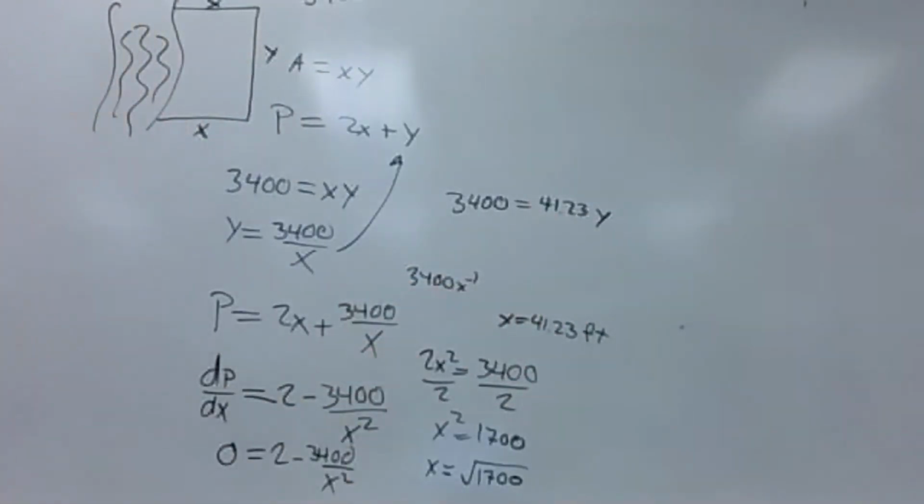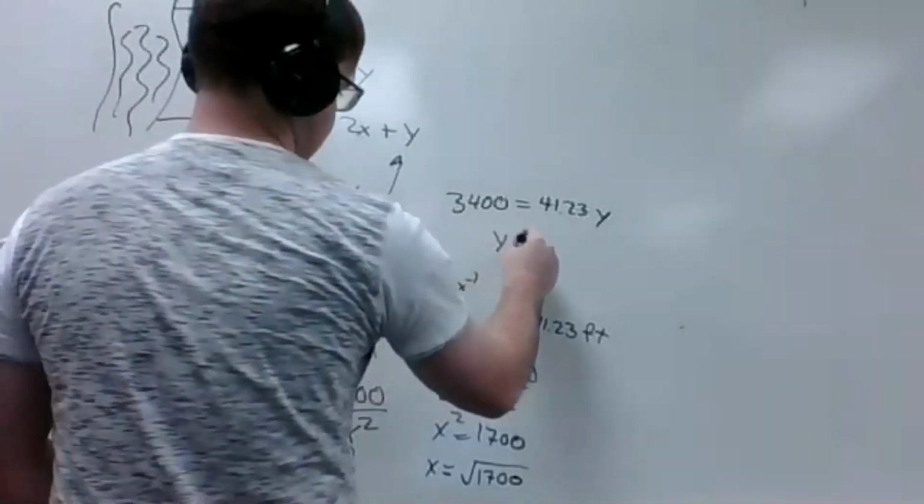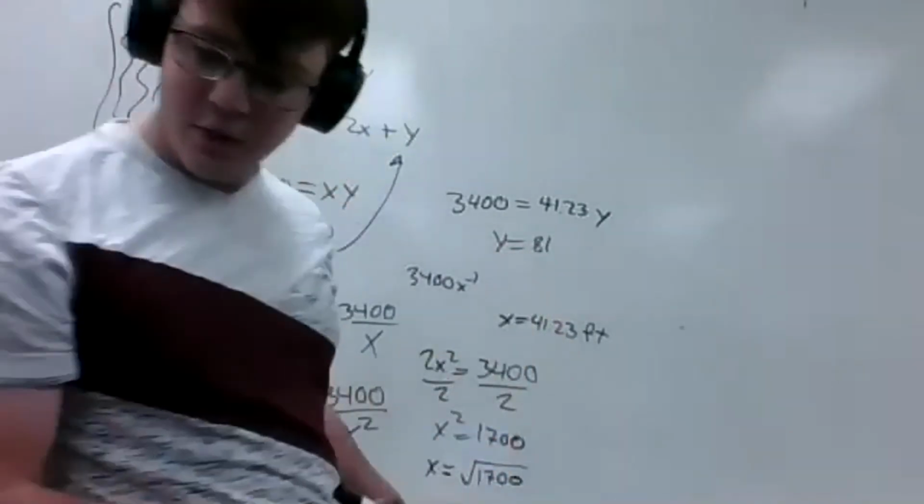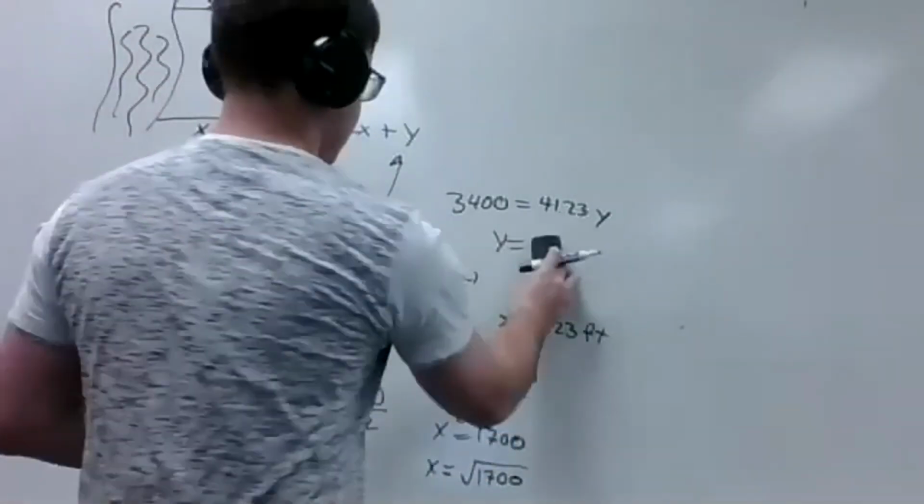So we'll just take that 3,400 and divide it by that 41.23, and you get y is equal to 82.46.